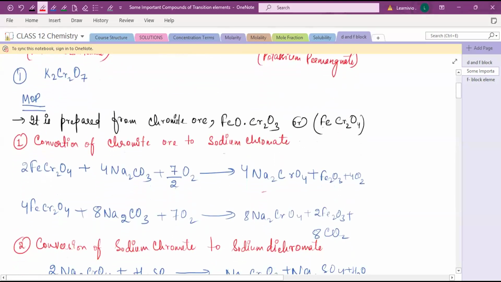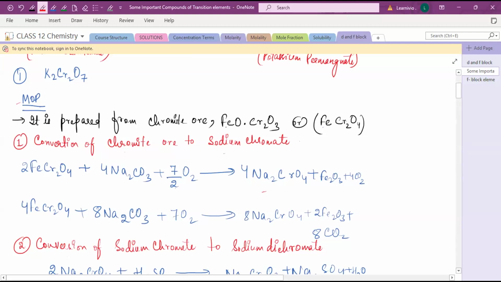First is K2Cr2O7, potassium dichromate. Why is it known as dichromate? Because chromium here is 2. So first see the method of preparation, how it is prepared. Potassium dichromate is prepared from chromite ore. Now what is chromite ore?